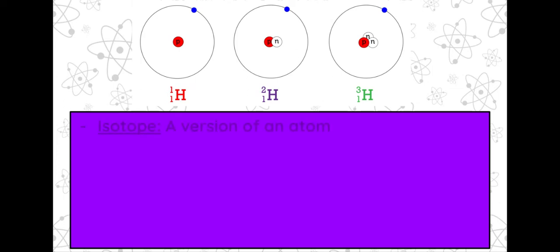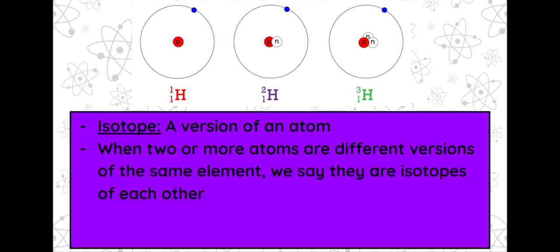So let's talk about that. An isotope is a version of an atom, whichever specific one you're looking at. We usually talk about isotopes when we're pairing them up and saying, these two are a pair of isotopes. We say they're an isotope of each other. So here this says, when 2 or more atoms are different versions of the same element, so it's key that we're talking about the same element here, we say they are isotopes of each other.